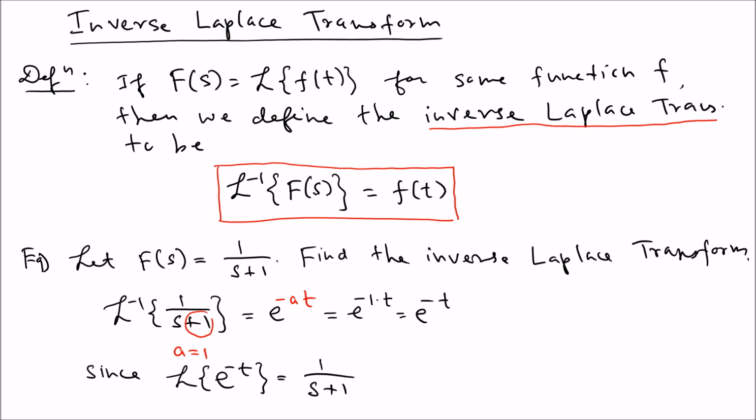That's the kind of argument we use. If you see an expression in s, we see what function it is the Laplace transform of, and then we write that function as the answer. It's a very simple idea.